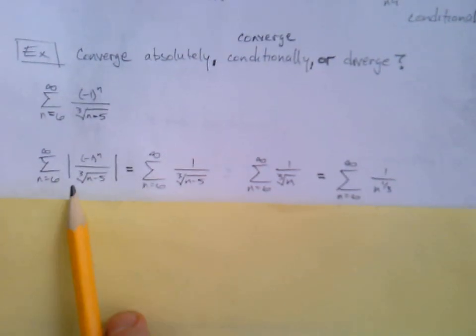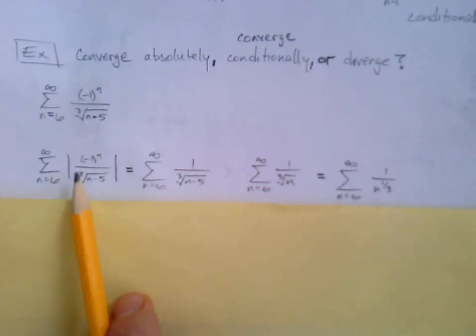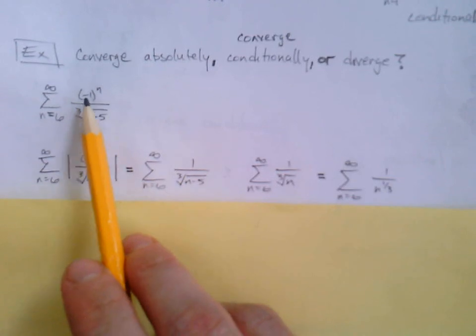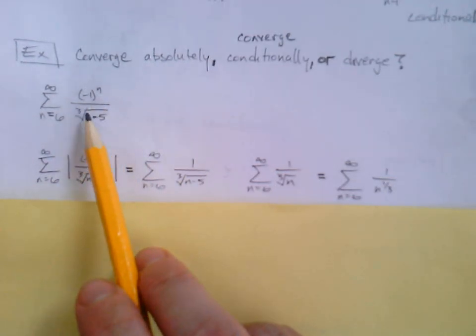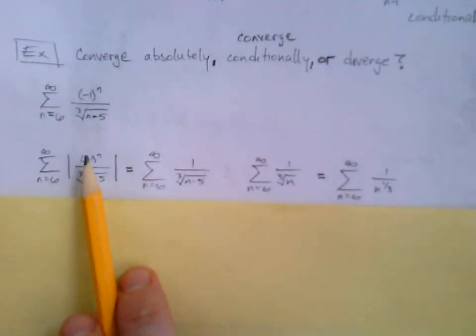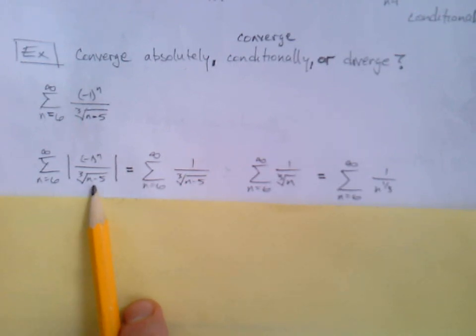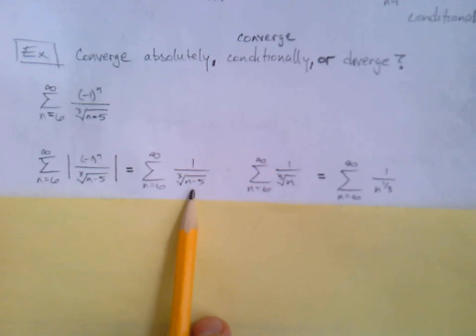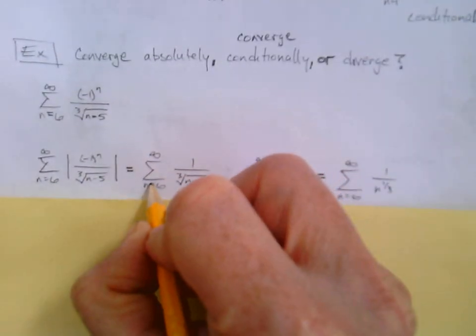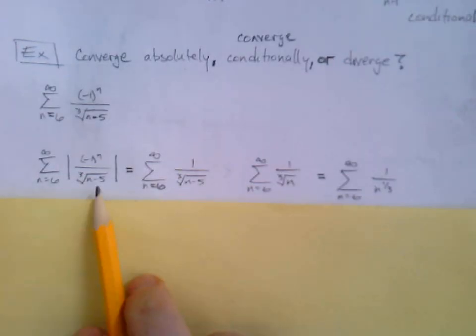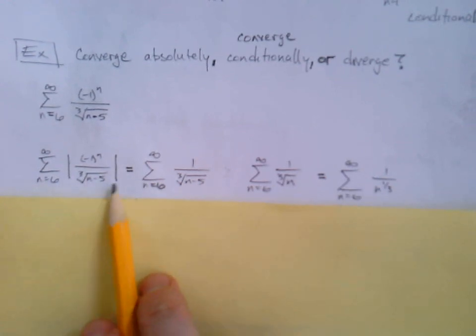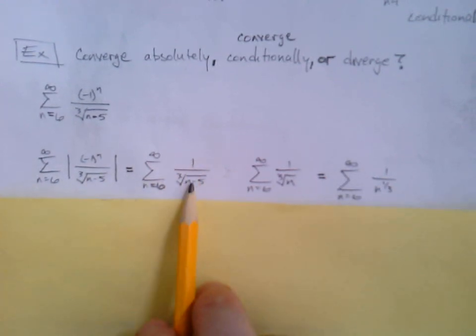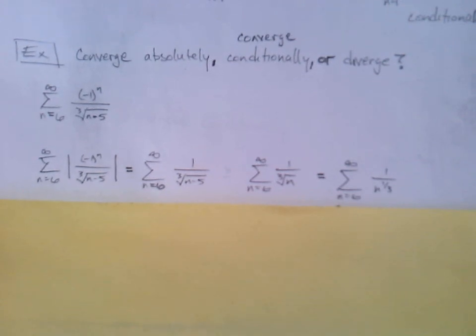I'm going to begin by taking the absolute value of the nth term, including the alternating piece, and simplify that. The negative 1 to the n would simply become a positive 1. My denominator is always positive anyway, so that's the same. In taking the absolute value, every term is made positive, so I've just got a positive 1 up there on the top.